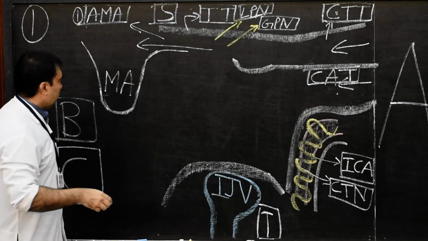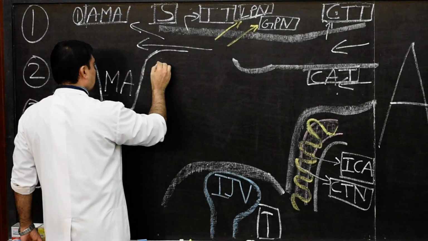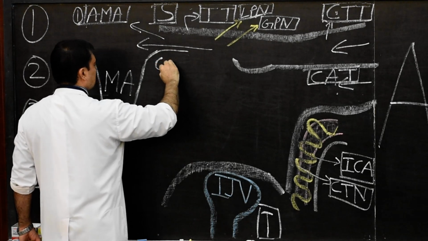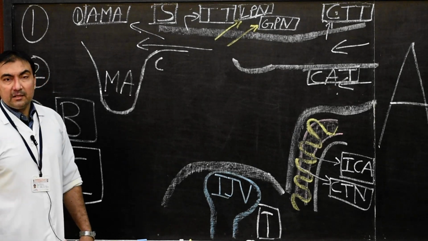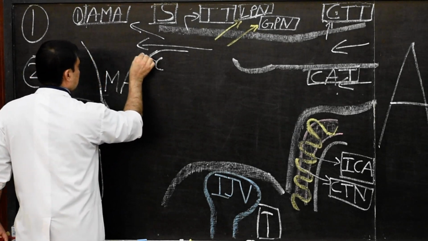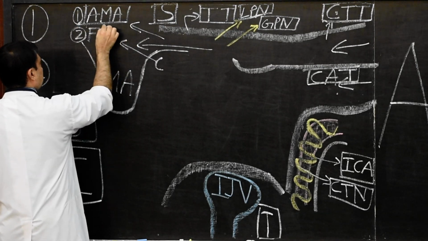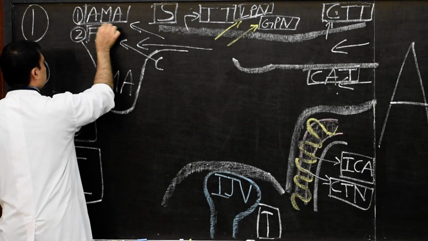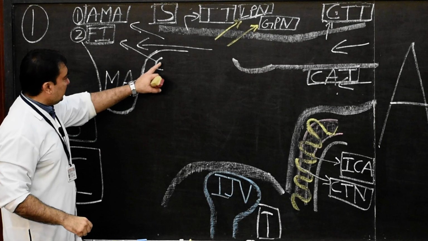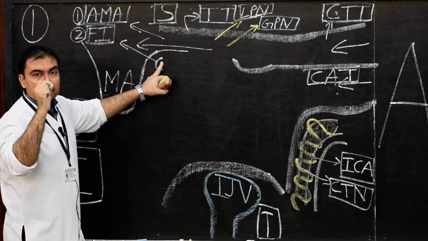Second structure, very important. Around this, you make a small fossa, which will be known as fossa incudis. So therefore, the second structure here, we will name this as fossa incudis, I-N-C-U-D-I-S. What does it contain? If you recollect, it will contain the short process of incus.